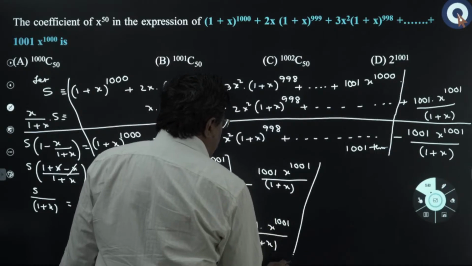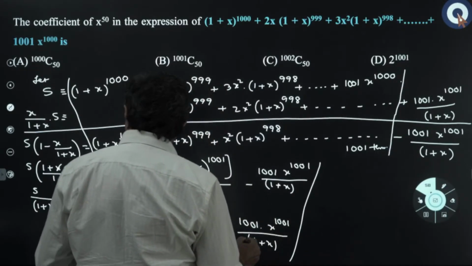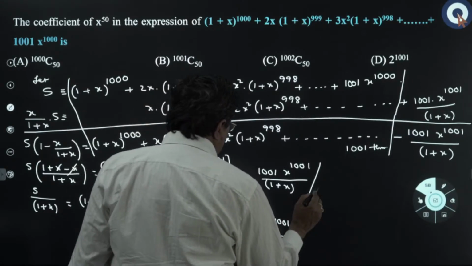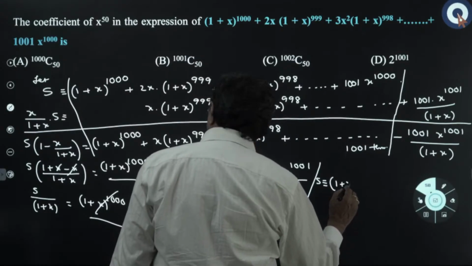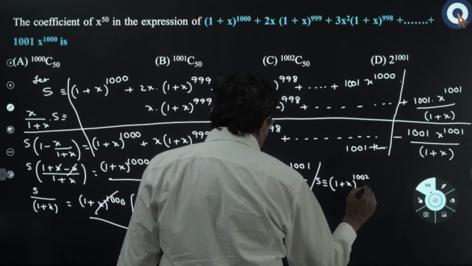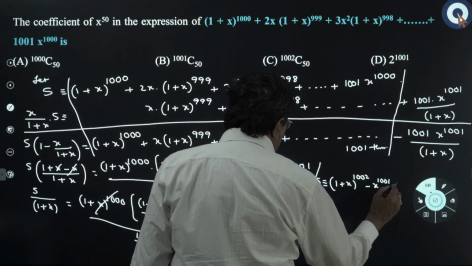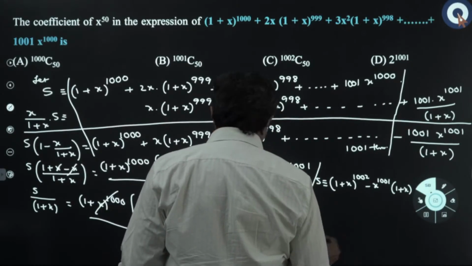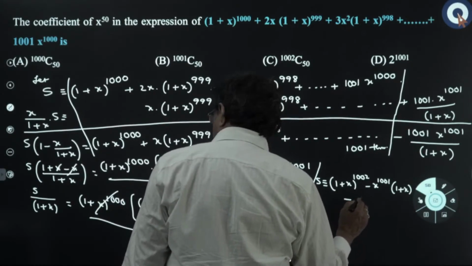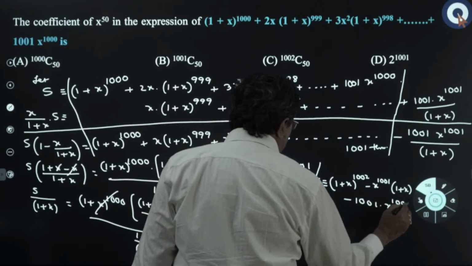All right. So, if I send this 1 plus x this side, I get s equal to 1 plus x whole power 1002 minus x power 1001 into 1 plus x, x power 1001 into 1 plus x minus 1001 into x power 1001.